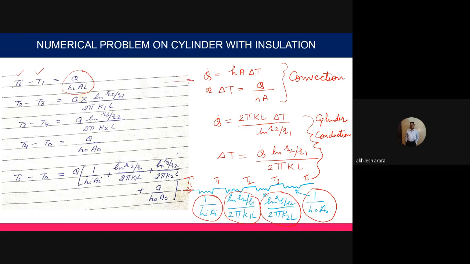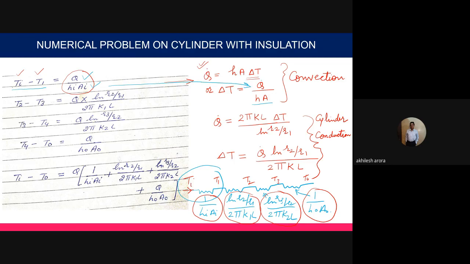We know that the heat transfer due to convection is given by Q dot is equal to HA delta T. And if I want to calculate the value of delta T, then it can be written as Q dot divided by HA. So you can see here, if I am considering this particular part, that is the convection resistance, I can always write Ti minus T1 is equal to Q divided by HiAi based on this particular equation which is written here.